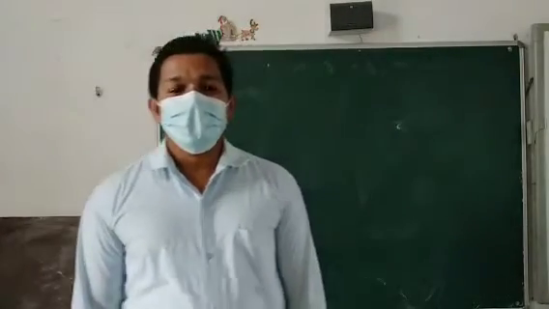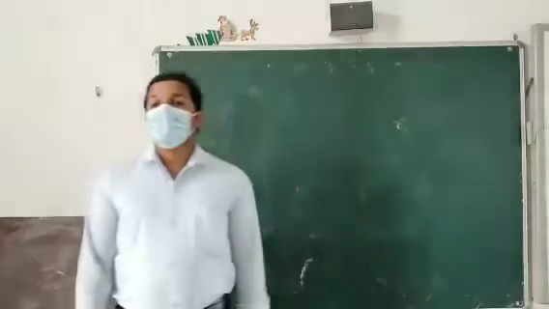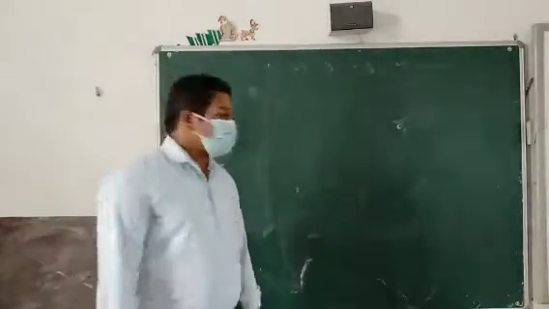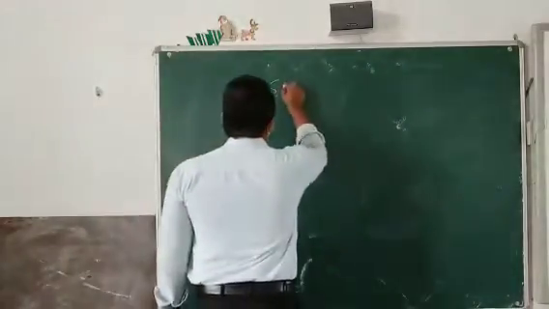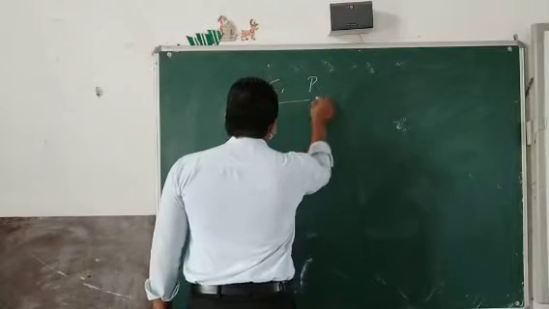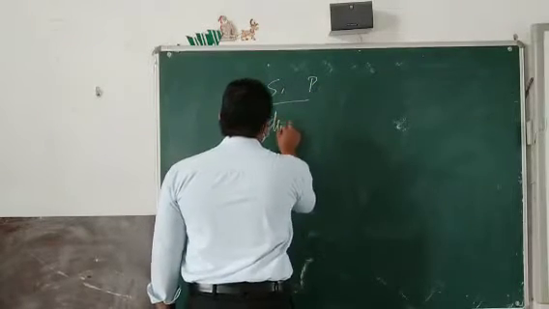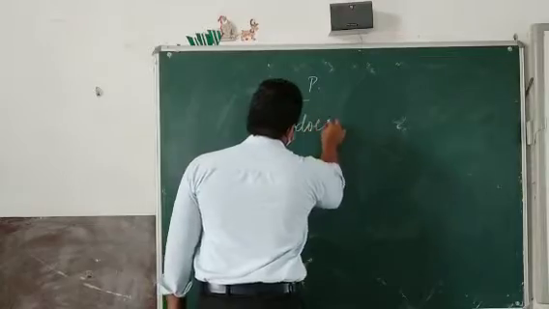And when we studied the simple present tense, what is the auxiliary verb used in simple present tense? Not S or ES. If you are studying simple present tense, the auxiliary verb used is do or does.